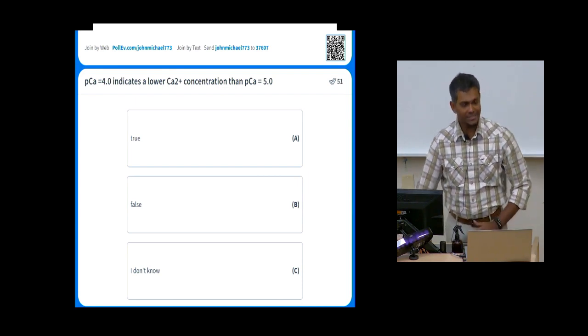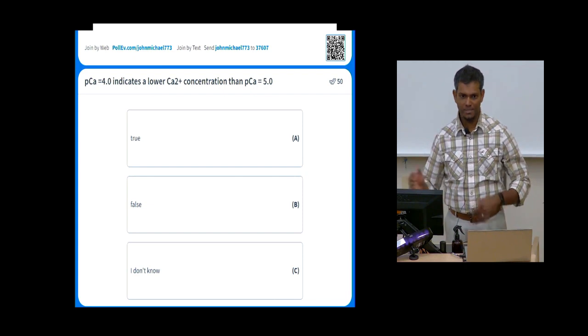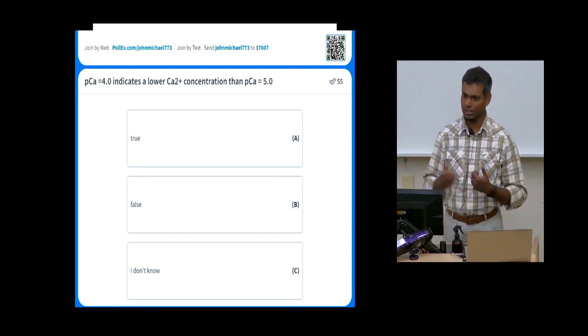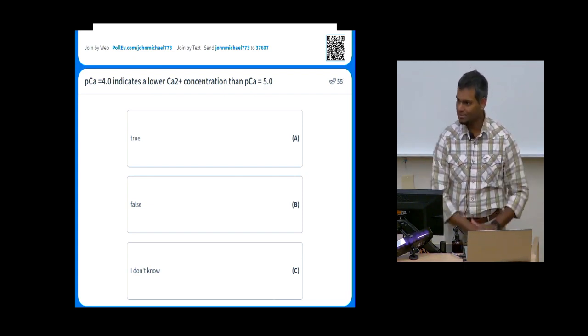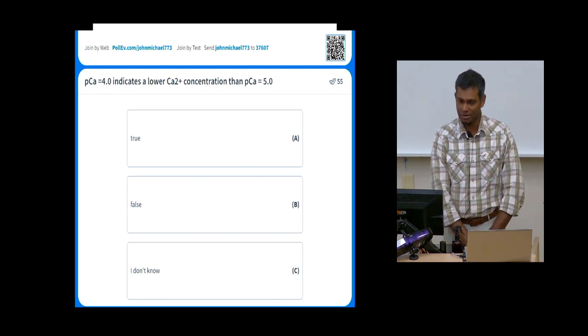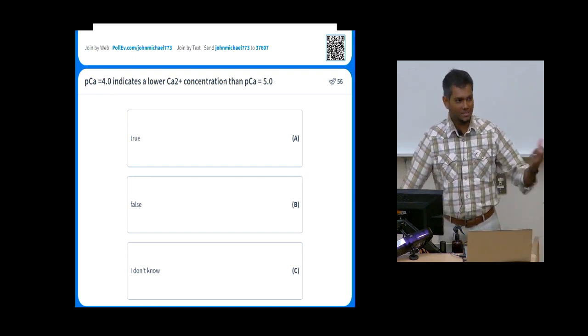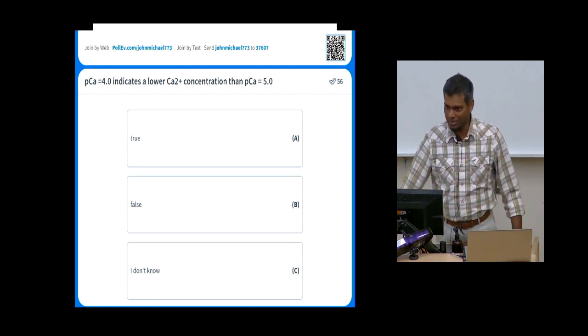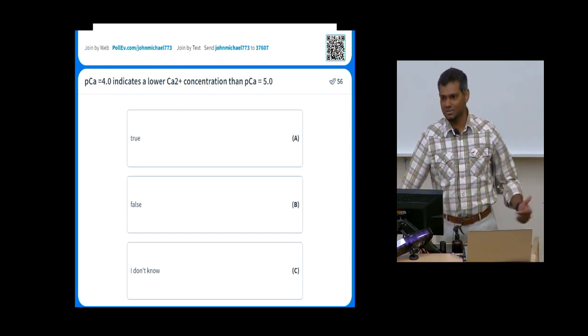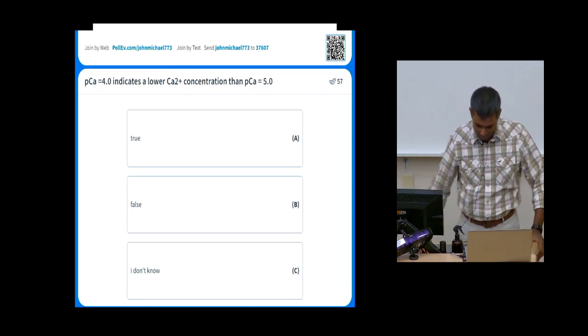So eventually I'll be asking you to compare pCa50 values between a wild type and a mutant, and then you could make a decision based on calcium sensitivity. But before we get there, you should be able to know what a low pCa value versus a high pCa value means, right? What has a higher calcium concentration than the other?